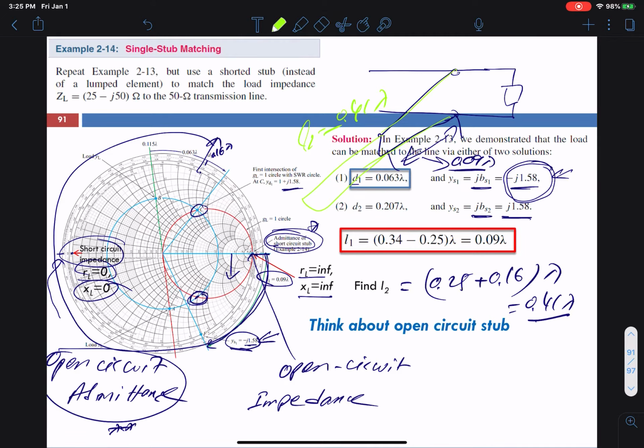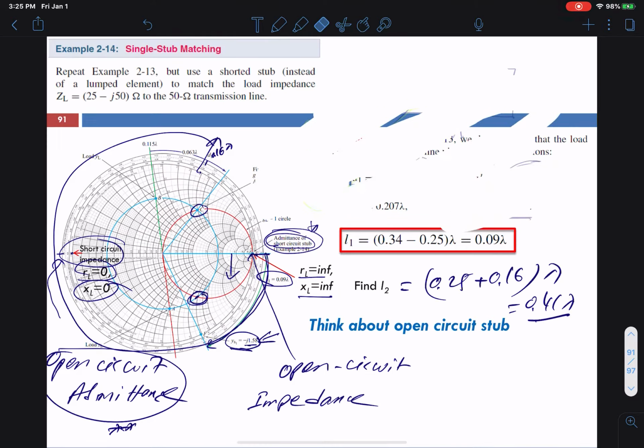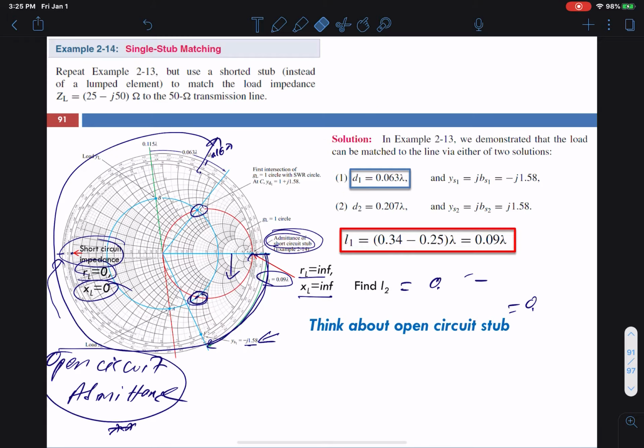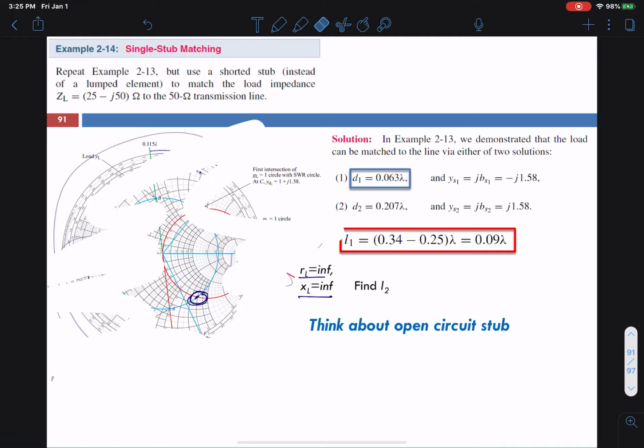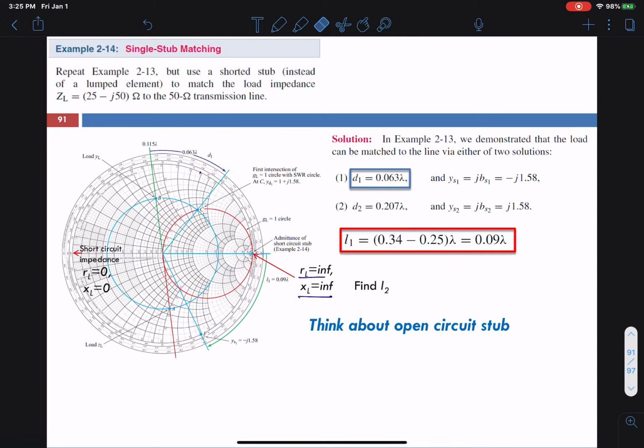Now if you want to use the open circuit stub, let's go back to that. Let's see, how did I do that? Let's take everything out. This side is open circuit.